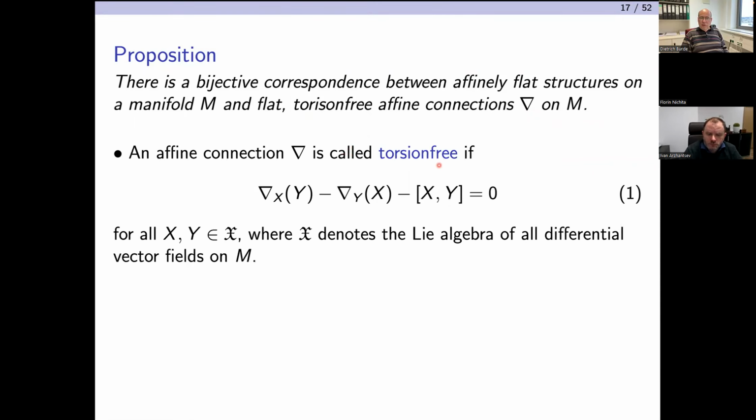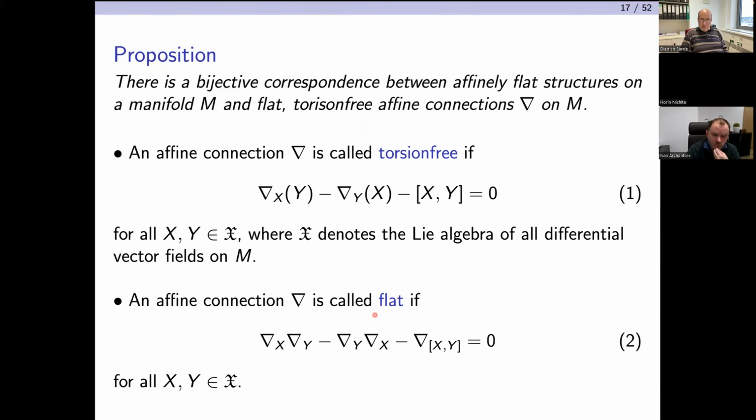Because torsion-free means that this connection satisfies nabla_x y minus nabla_y x minus [x,y] is 0. So you recognize already, if we put this as a pre-Lie product, this would be the first identity, that the Lie bracket is the commutator xy minus yx. And flat means that the curvature tensor is 0. This is the curvature tensor here.